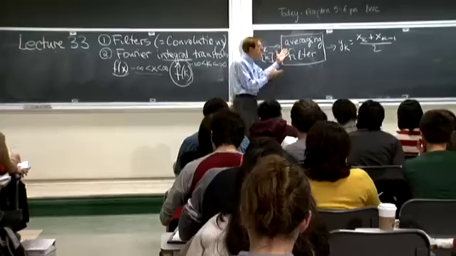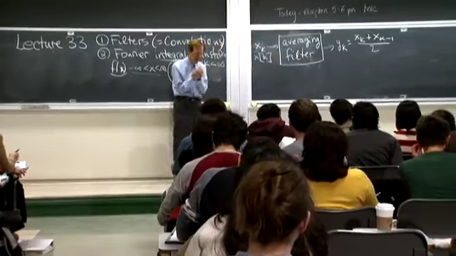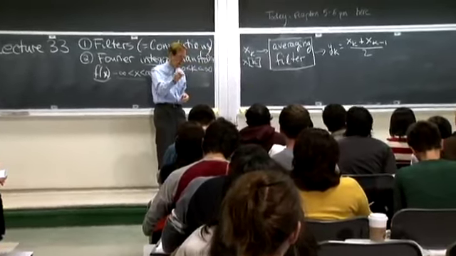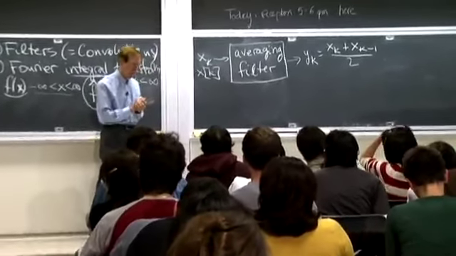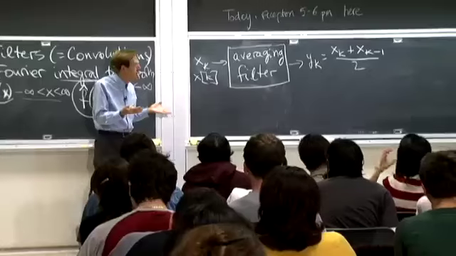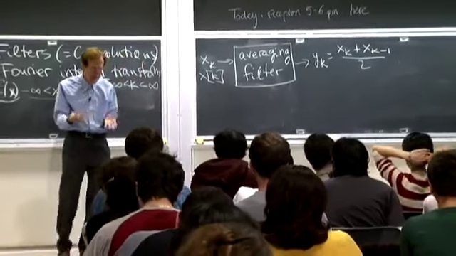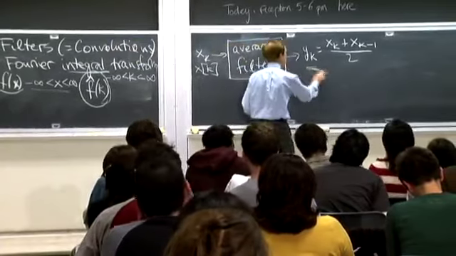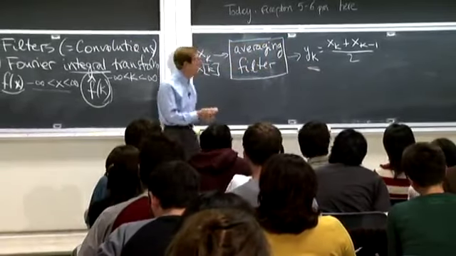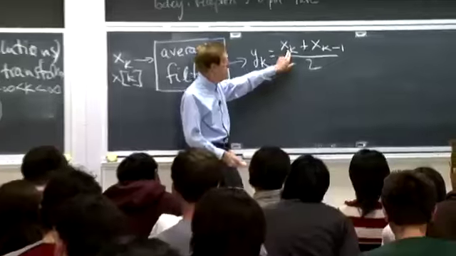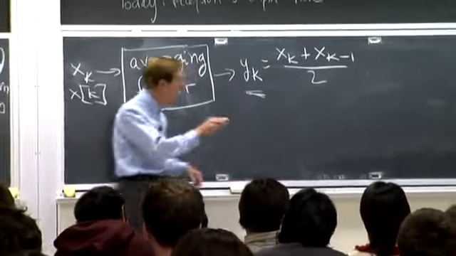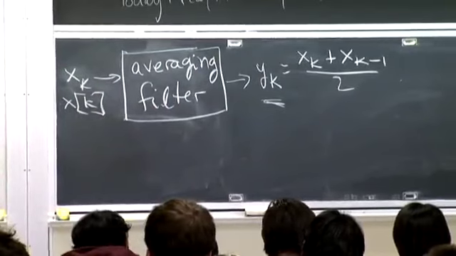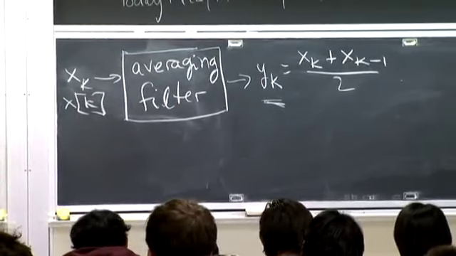I'm taking the simplest filter I can think of, the one that just averages the current value with the previous value. And we want to see what's the effect of doing that. So we want to understand the outputs, the y_k, which are just the current value and the previous value averaged. We want to see that as a convolution and see what it's doing.